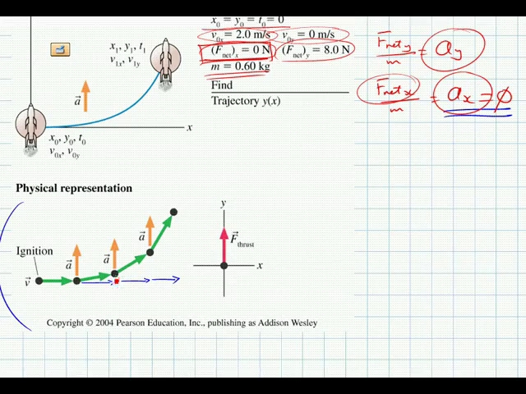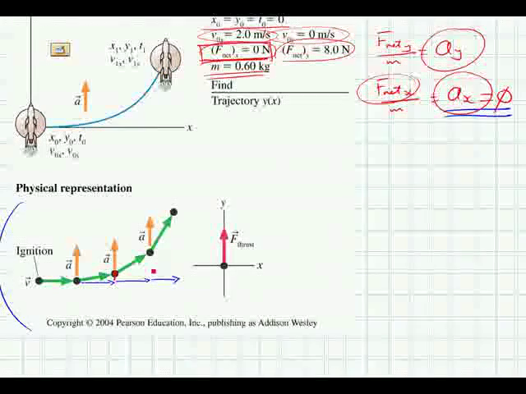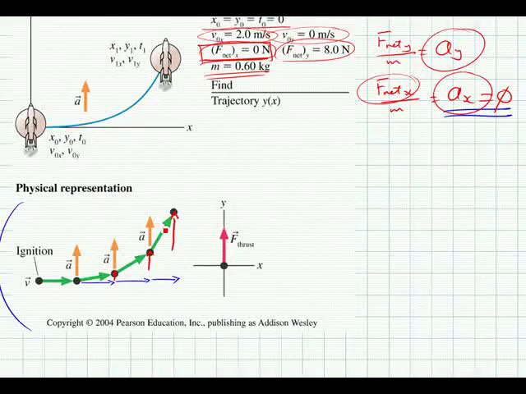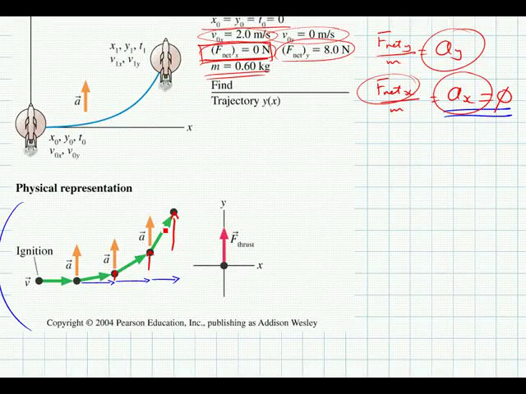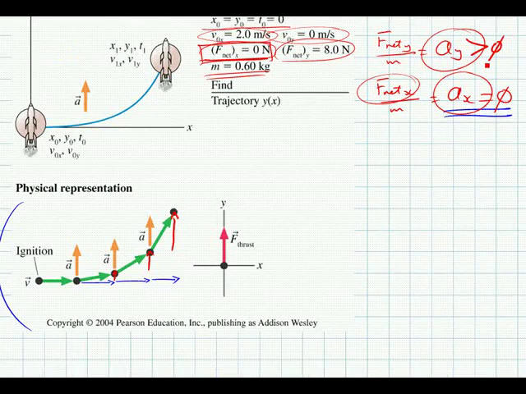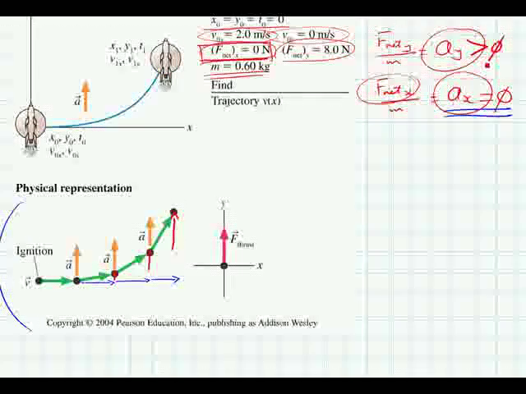The y component of the velocity of course increases as time passes. The red arrows get larger and larger. That's because a_y is greater than 0. It's just a positive number.